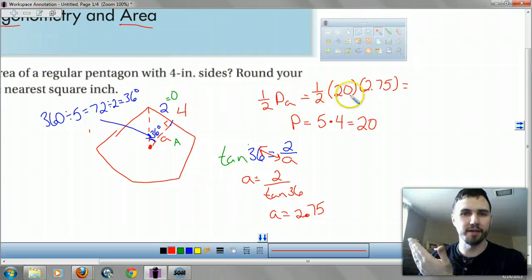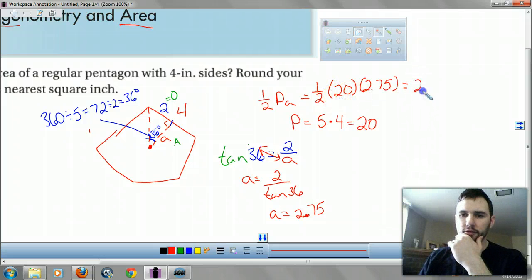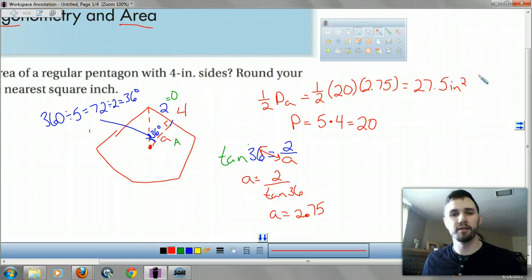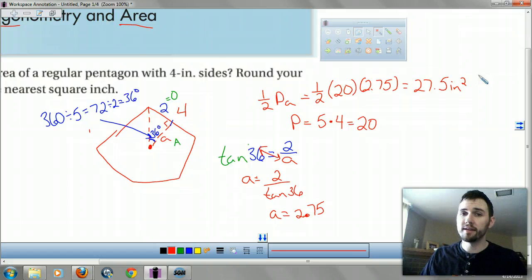Half of 20 is 10, right? I get 27.5 inches squared is my area. Okay? Not too bad. Kind of bad. Trig, right? Who knew? One second, guys. I've got to pause to see where I'm at. Oh, we're good. We're good.